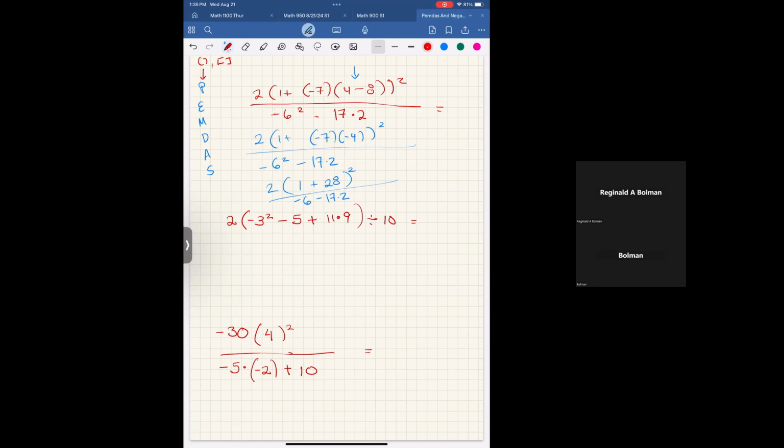Problem 2 gives a great example of a problem that is not necessarily written in the best manner. So as step 1, we're going to rewrite this problem statement. I'm going to rewrite the numerator as 2 times the quantity -3 squared minus 5 plus 11 times 9.